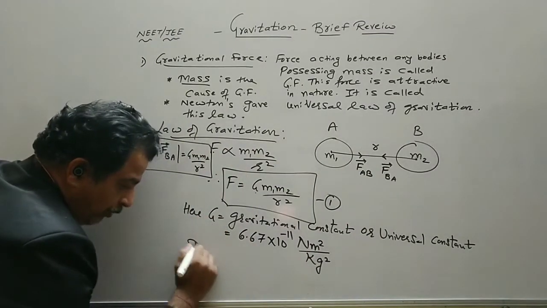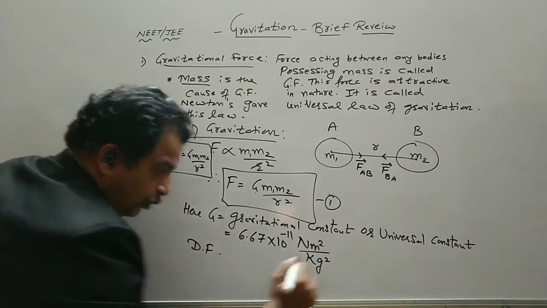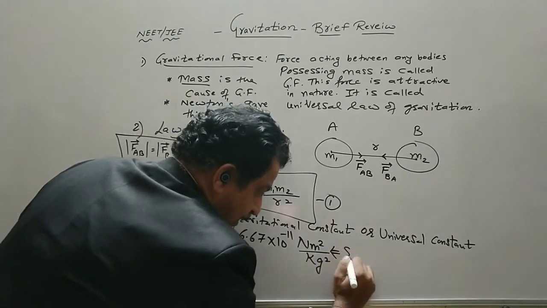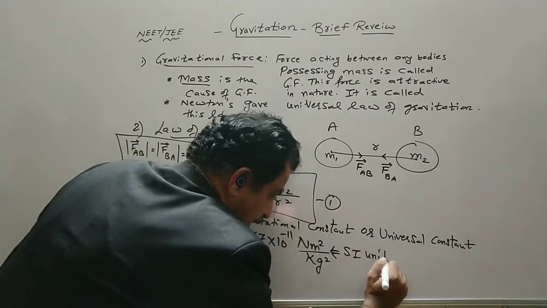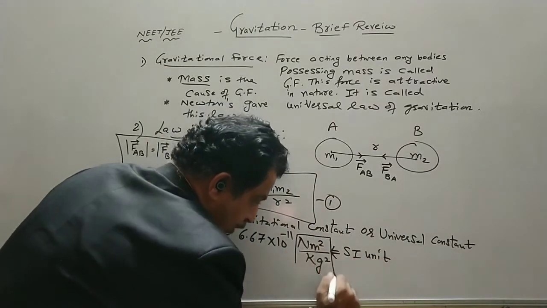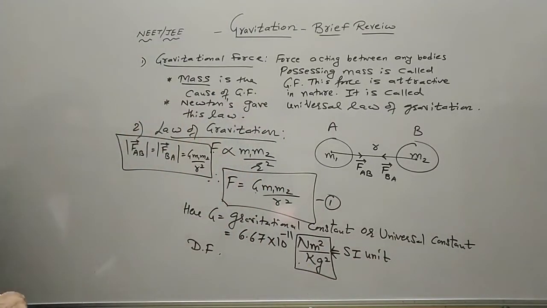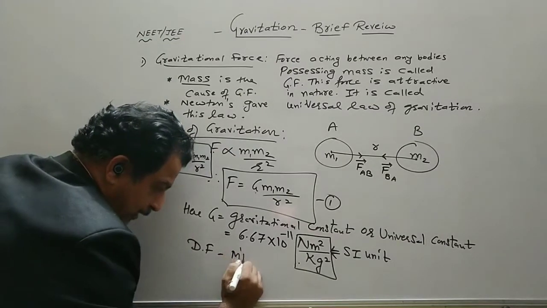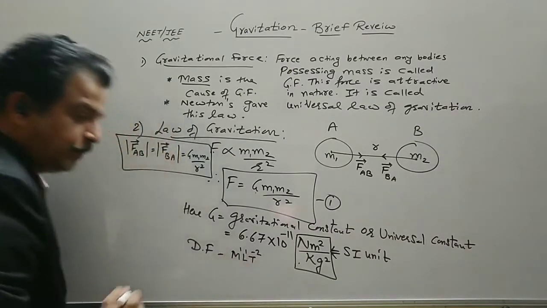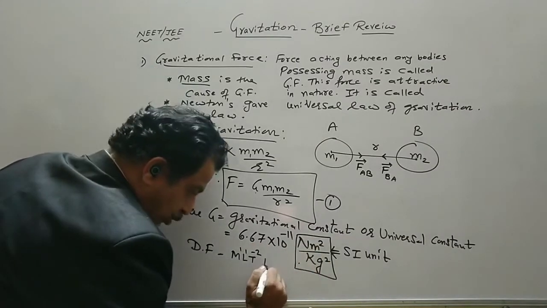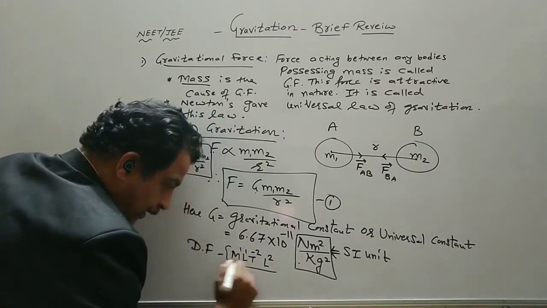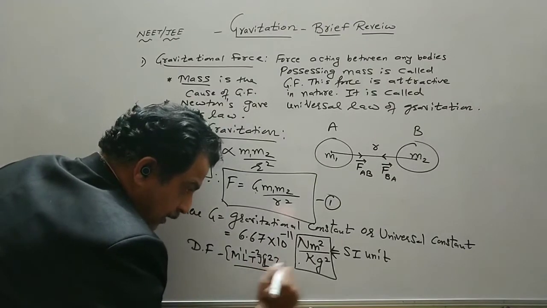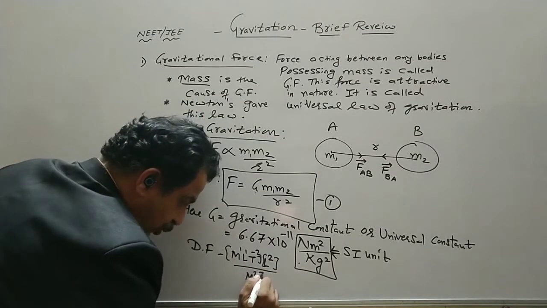Then the dimensional formula. So this is the SI unit. So you keep this in mind. This is the SI unit of gravitational constant. Then the dimensional formula for Newton is mass into acceleration. Then we have a meter square, so L square upon kg, that is m square.